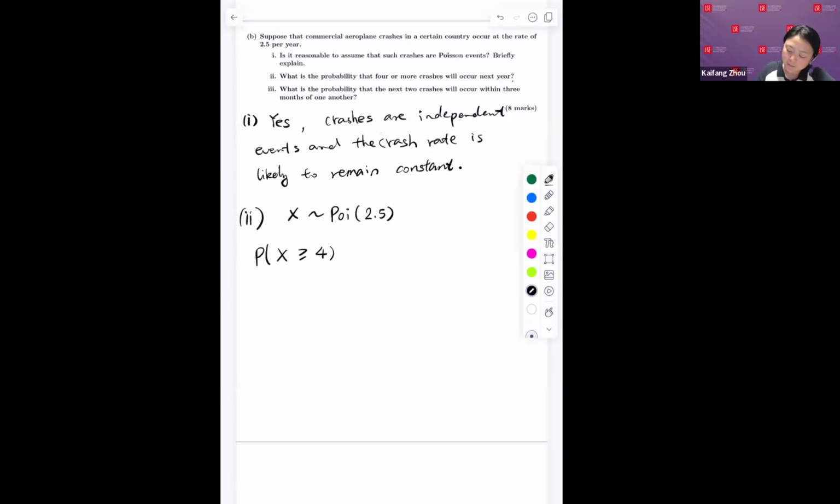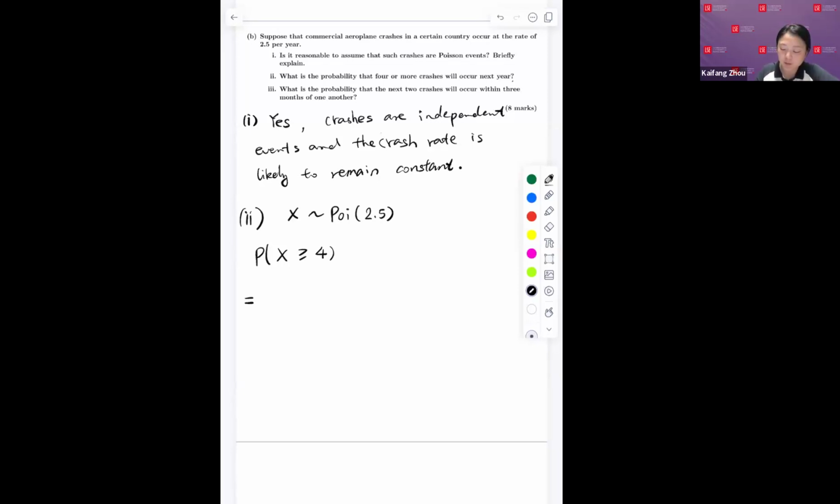This will be equal to probability of X equal to 4, plus probability X equal to 5, plus probability X equal to 6, etc. The calculation will be too long, but we can do it a different way using one of the axioms of probability, which is that the sum of the probabilities is equal to 1.